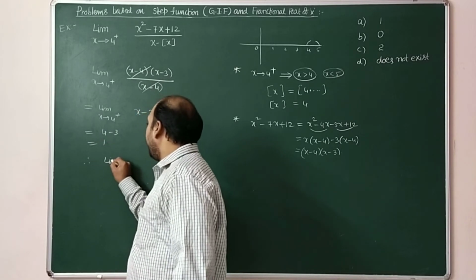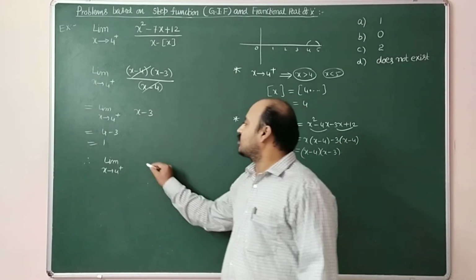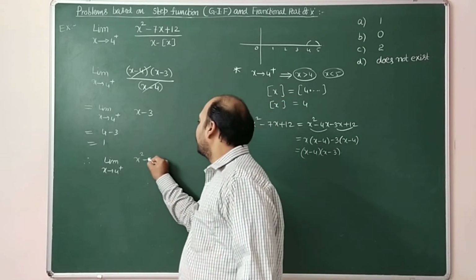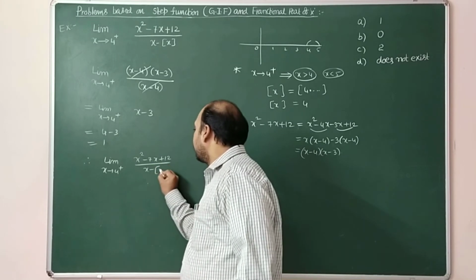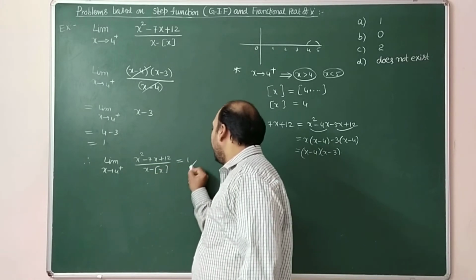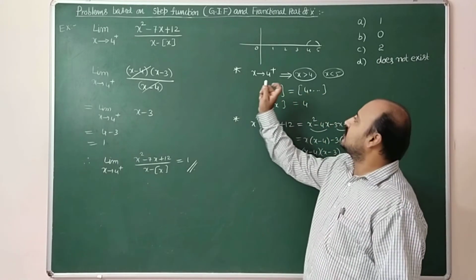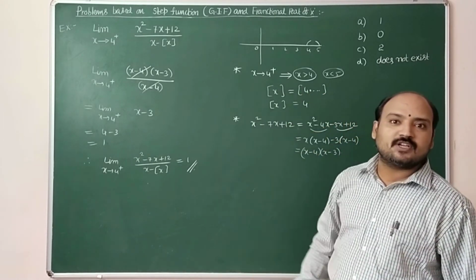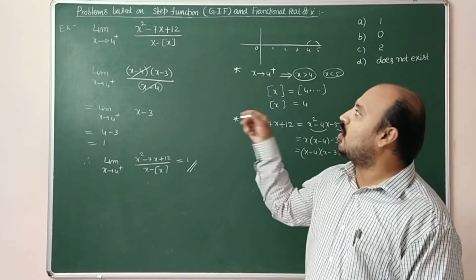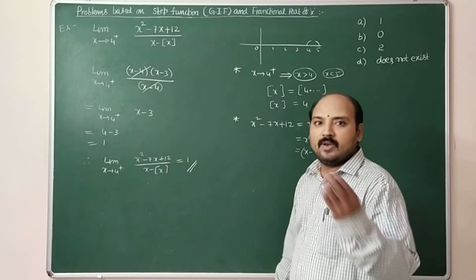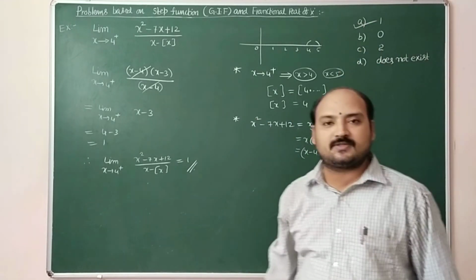Therefore, limit x tends to 4 plus, x square minus 7x plus 12 divided by x minus step x is equal to 1. This is the way you have to utilize the greatest integer function or step function in problems which involve limits. We will move to the next question. So the first option is the right option for this.